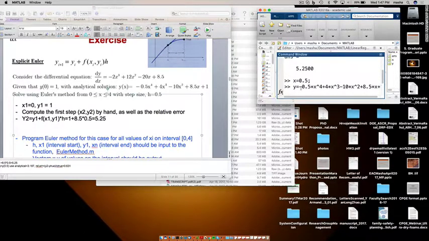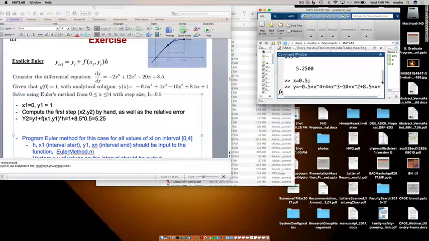So what is my relative error here? How do I compute the relative error between my estimated value, 5.25, and my actual true value, which is 3.21 or something? It's 3.21 minus 5.25 over 3.21. Right. So basically, estimate minus true, absolute value, divided by true, right?